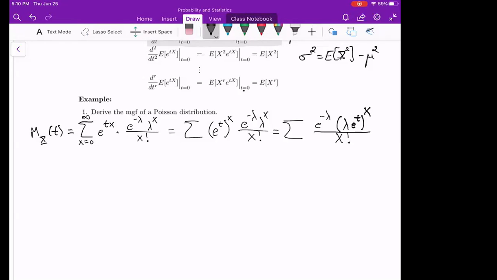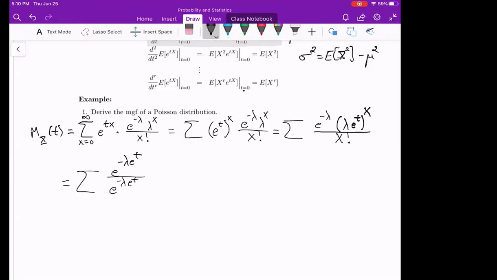Let's see if the product of one trick happens to work. So we have e to the negative lambda e to the t over e to the negative lambda e to the t.